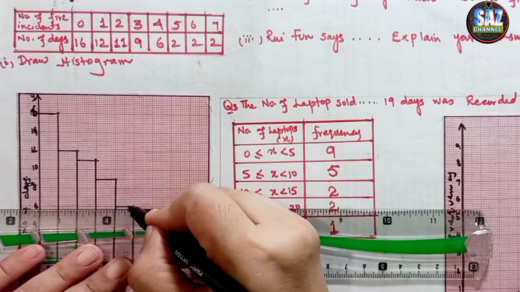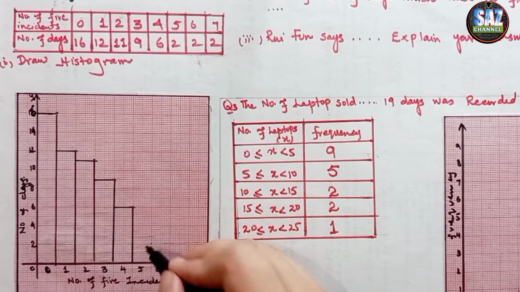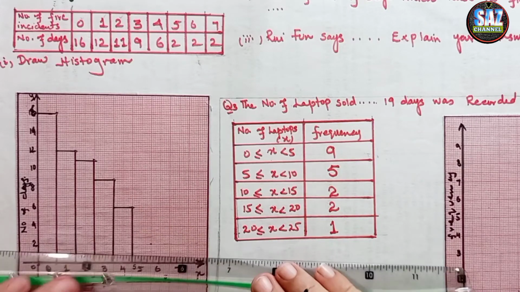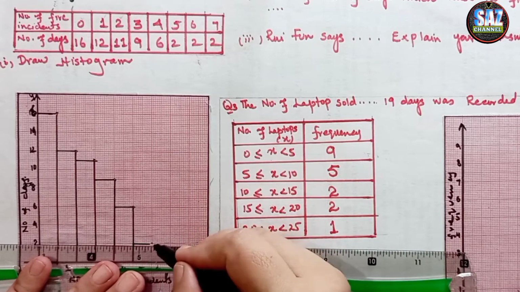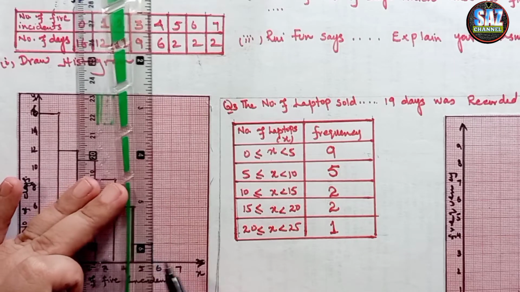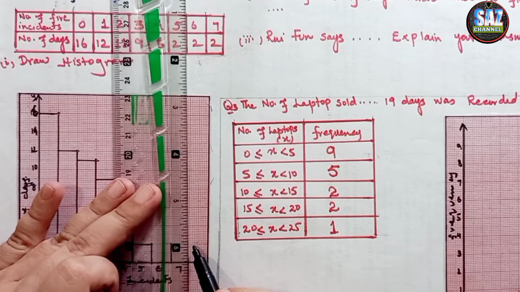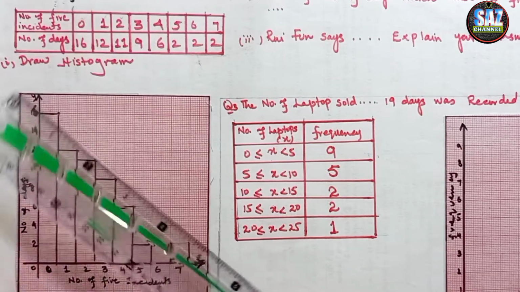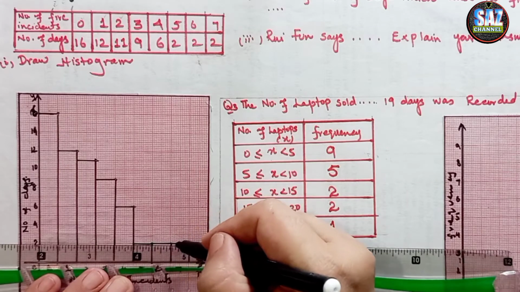What a beautiful pattern I'm getting. 4 with 6, 5 with 2, 6 with 2, and again 7 with 2, and close the rectangles from this side as well.